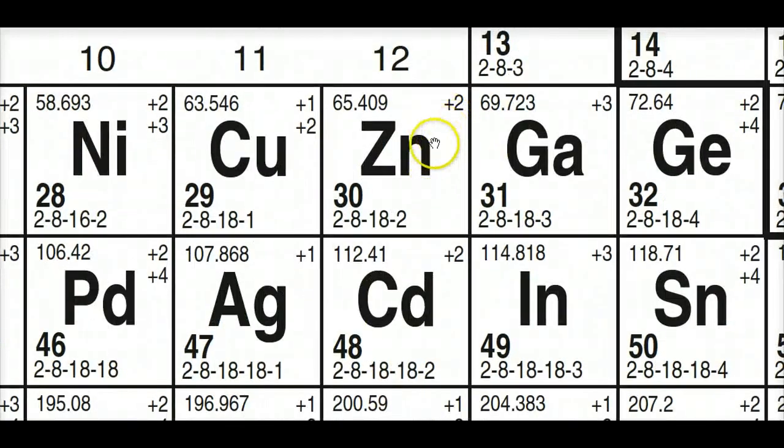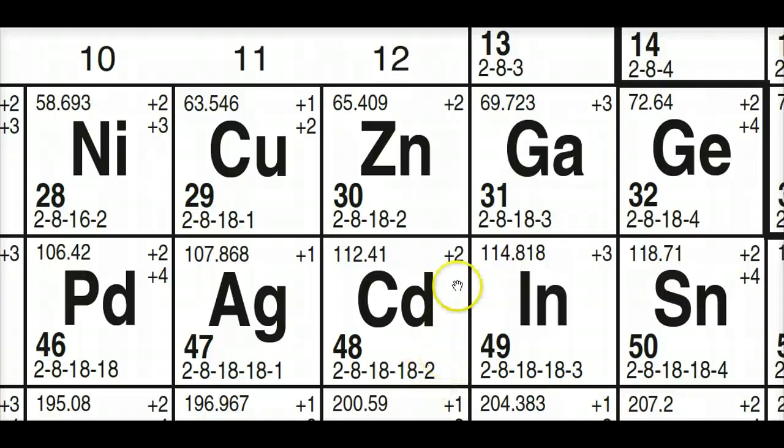Zinc has 2 valence electrons that it loves to lose. Where they come from is not part of this course. But cadmium in the same column, notice, has the same type of valence electrons. So we're going to say that zinc and cadmium have 2 valence electrons because they can lose 2 electrons to bond, to become +2, or that last number is 2.